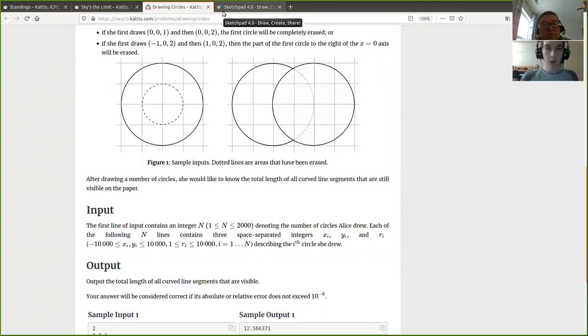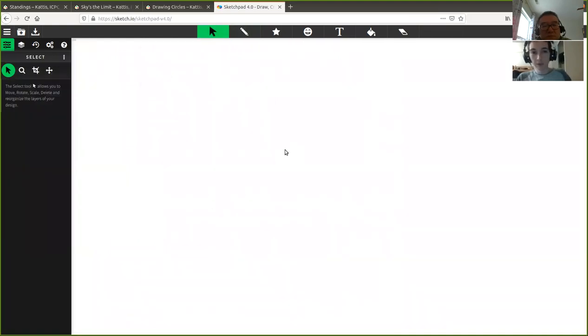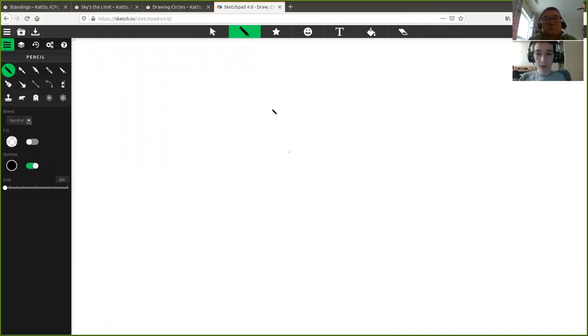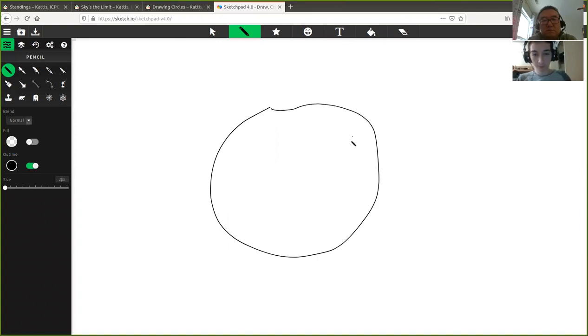So for this problem, it would be enough to say, if we could know for each circle, what are all of the erased parts of its perimeter? Let's say that for each future circle, we can find these two intersection points, and we say that this segment is erased.